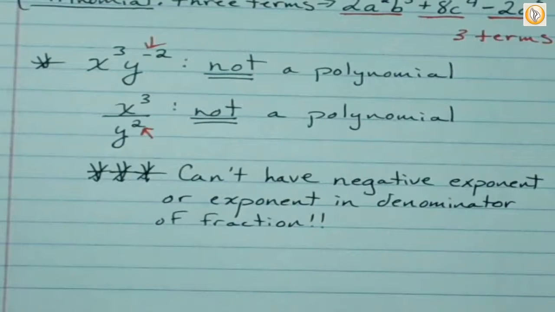So make sure you have that written down. Lots and lots of stars. Can't have a negative exponent, and you can't have an exponent in the denominator of a fraction.